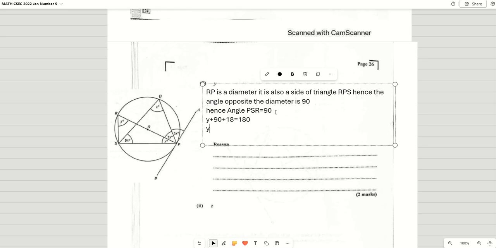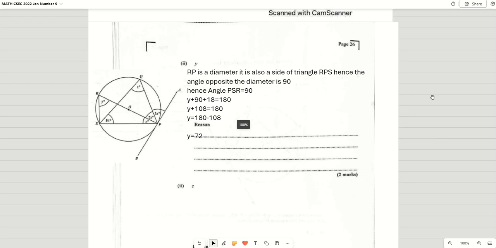So y plus 108 is equal to 180. So y would be equal to 180 minus 108. So y is equal to 72, and that would be the answer for this.